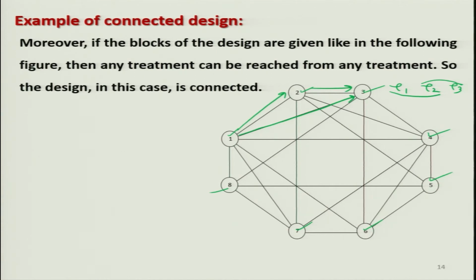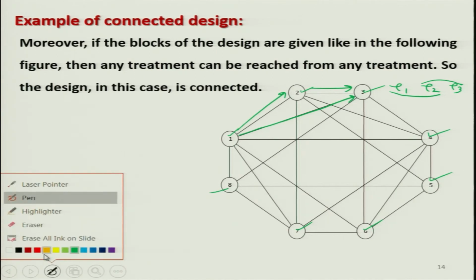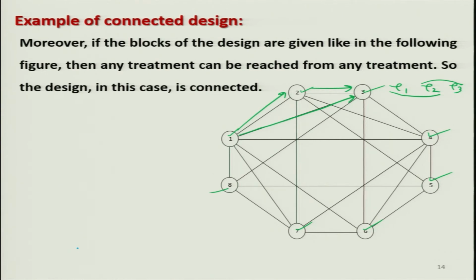And similarly, if you want to go from any treatment to any treatment, for example from 7 to 3, you can go from 7 to 1 and 1 to 3, or the alternative route is from 7 to 4 and 4 to 3, or the other alternative route is from 7 to 6 and then from 6 to 3.